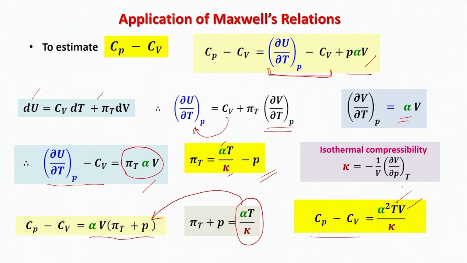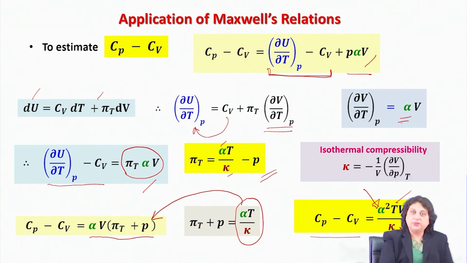You will need to know the isobaric expansion coefficient alpha of the system and the isothermal compressibility kappa of that system. And once you know all these quantities, irrespective of what type of system you have, you will be able to estimate Cp minus Cv for that system.